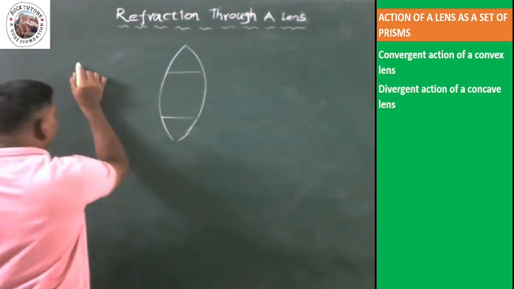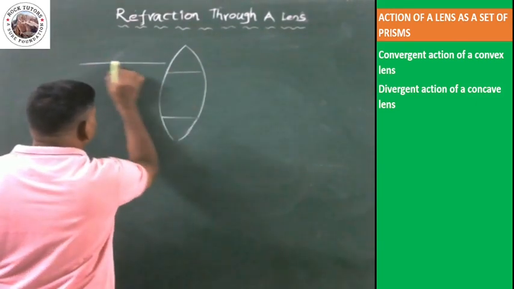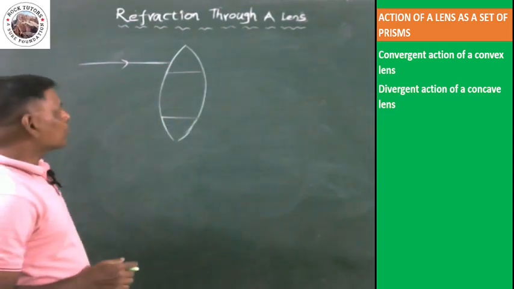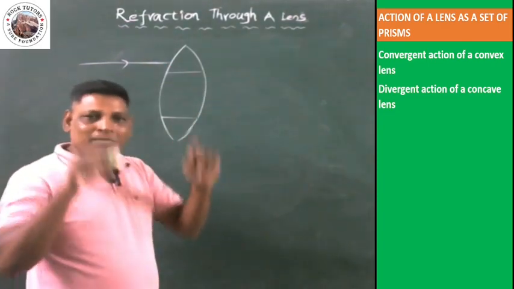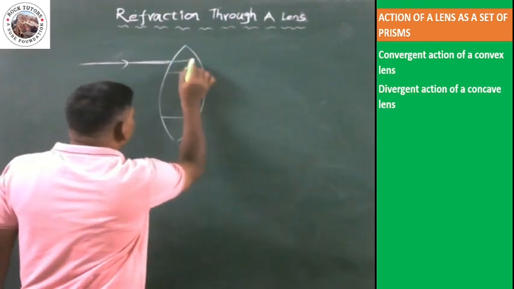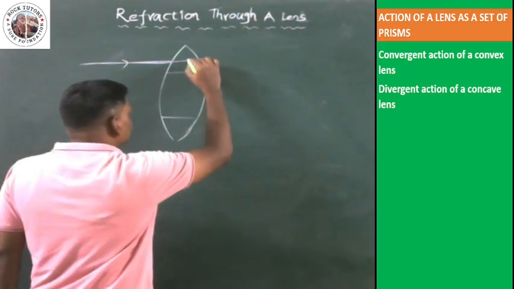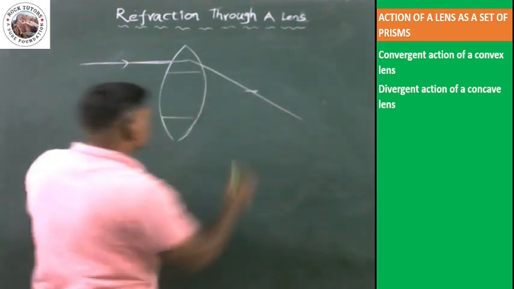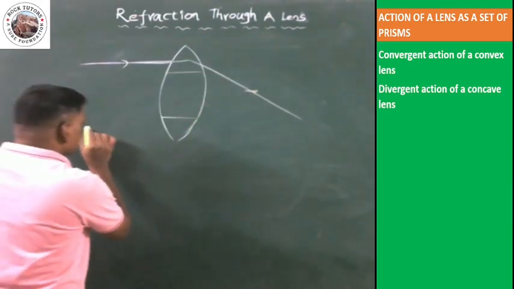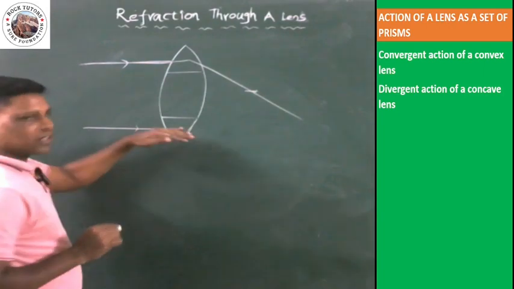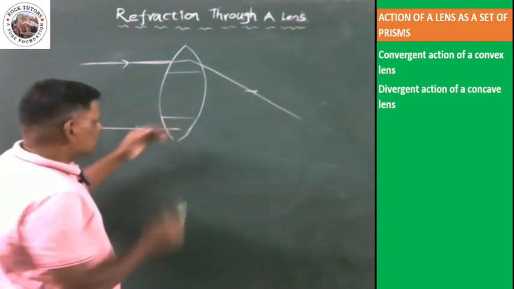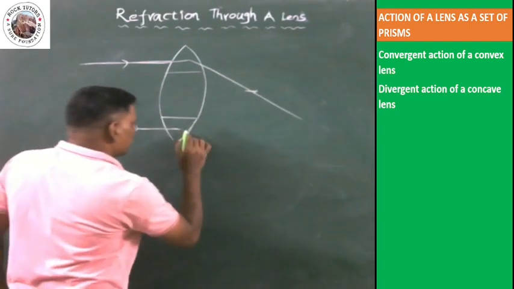When light is falling on the surface, just now we observed on a prism that after refraction the light bends towards the base. Same way, the light is falling on this portion, and it bends towards the base. Here this is the base.